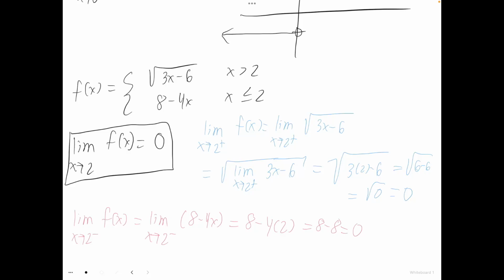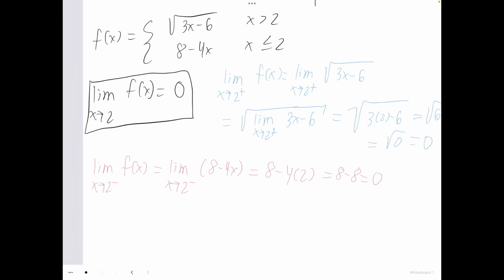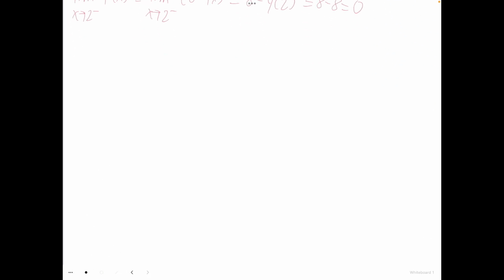So now there is one more way that we can compute limits that is helpful in some instances. It's based off the following observation, or fact, I guess. And so we have the following theorem.